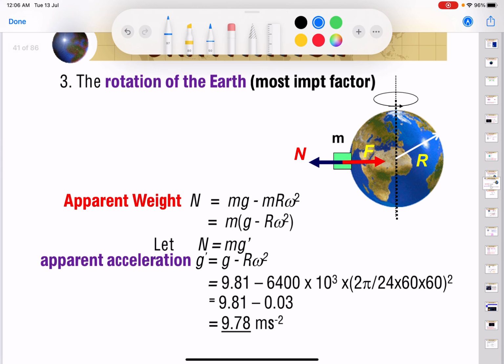We can put in the values that we know about the period of the rotation to find the angular velocity, as well as the radius of the Earth, to get the measured value of g on the surface of the Earth at the equator. And the answer is 9.78, which is even smaller than the 9.81 that is commonly used in our calculations.